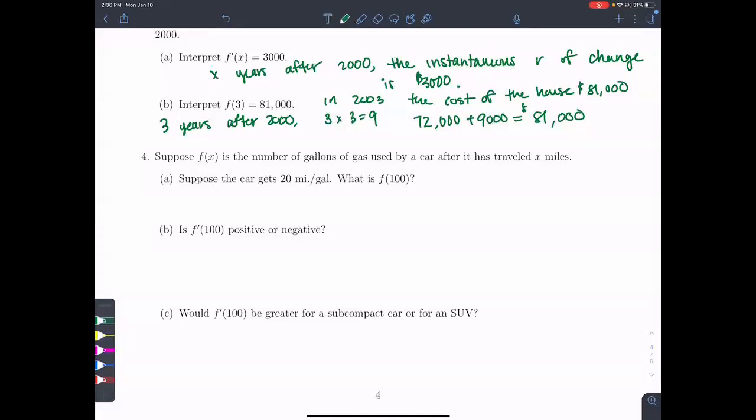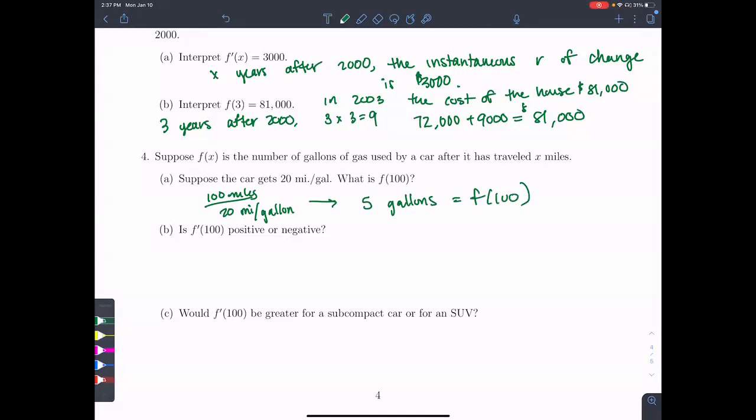So if it gets 20 miles per gallon, we've gone 100 miles, we use 5 gallons of gas. We're looking at 100 miles divided by 20 miles per gallon, so this would be 5 gallons of gas, which is f of 100.